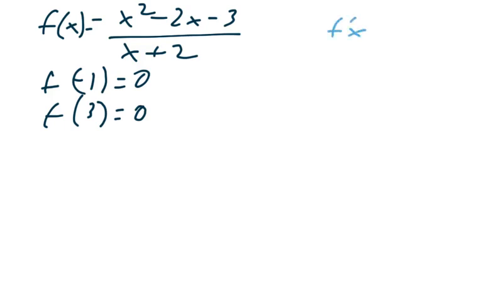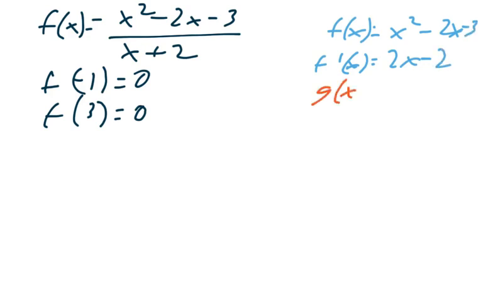So f of x is equal to x squared minus 2x minus 3. So the derivative is 2x minus 2. The derivative of x plus 2 is 1.